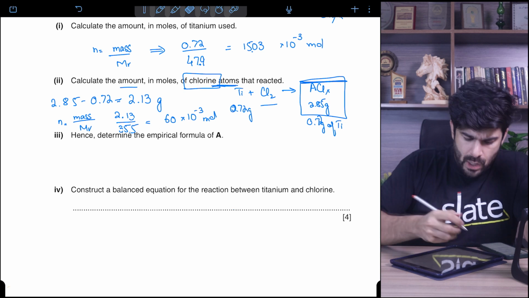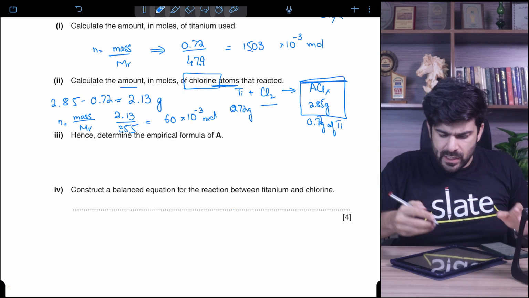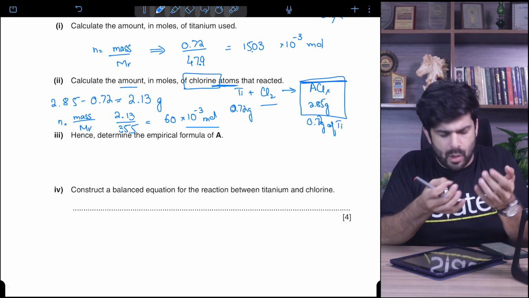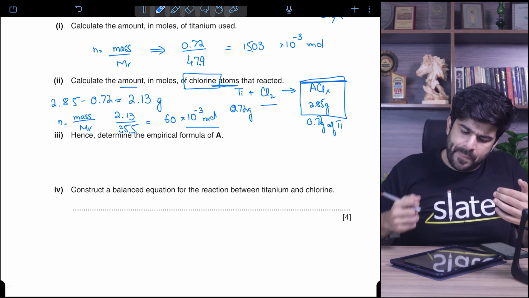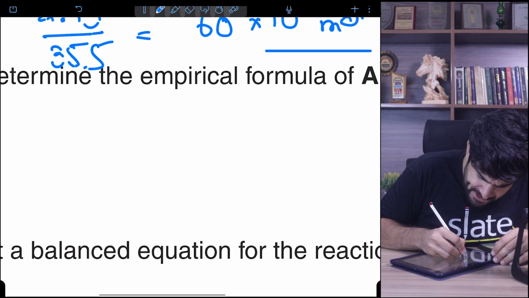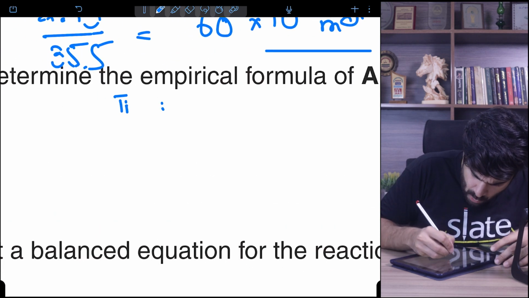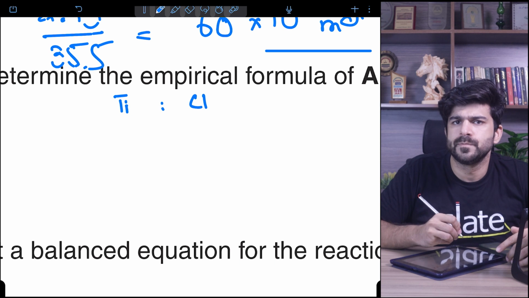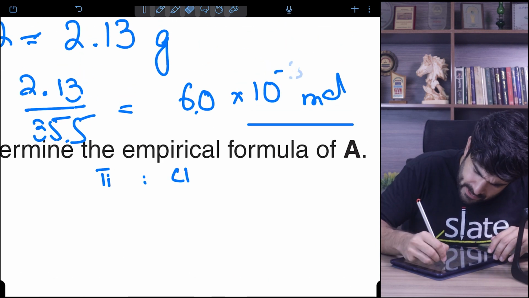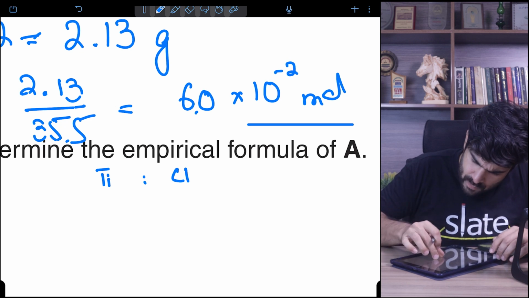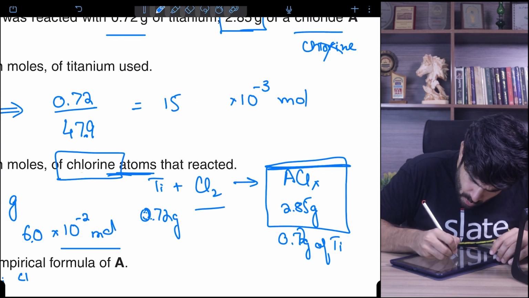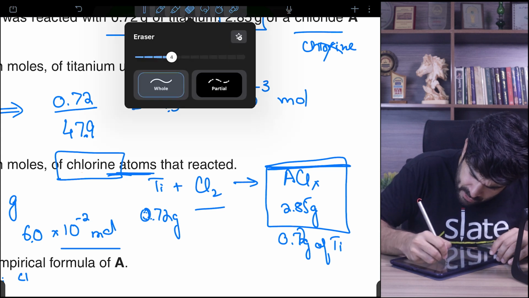Now, hence, determine the empirical formula of A. We know that in A we have this amount of moles. So what do we do when we calculate the empirical formula? It's a simple calculation. We know we have titanium. We know we have Cl. It could have been 6 times 10 power minus 2 and 1.5 times 10 power minus 2.